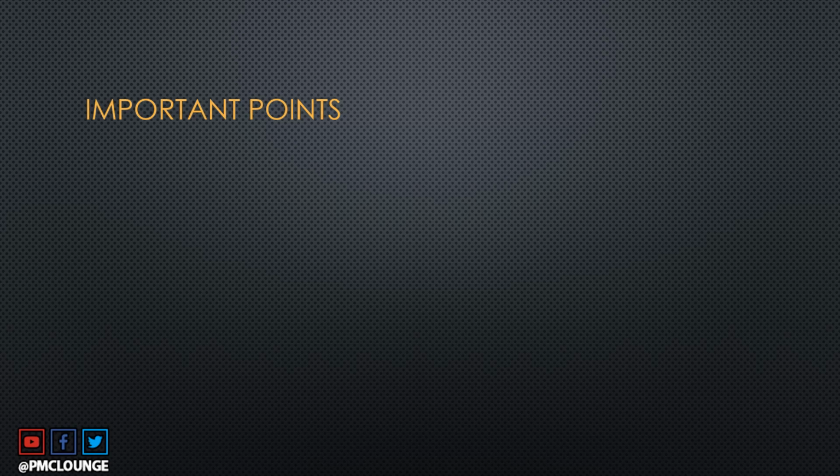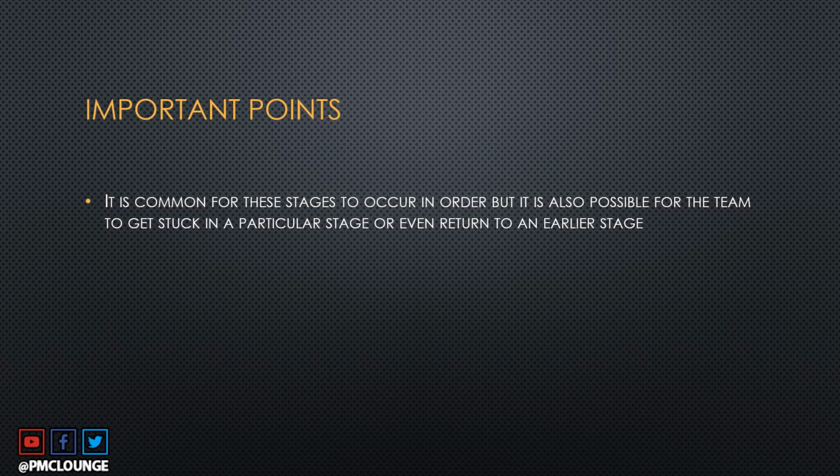Now, some important points as far as Tuckman model is concerned. Please expect a question in the PMP exam based on Tuckman model, and chances are high that this question is going to be from this very slide. So number one important point that you should note is that it is common for these stages, the 5 stages that we talked about, to occur in the order that we have discussed.